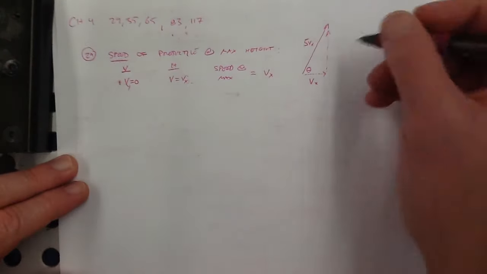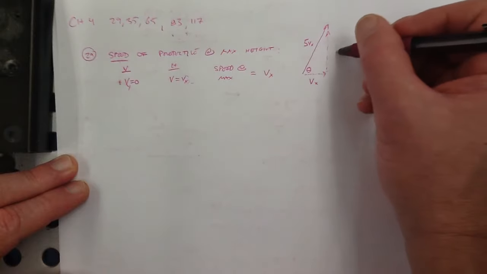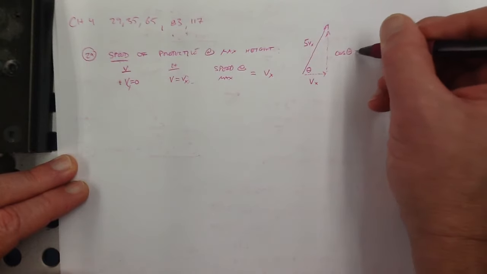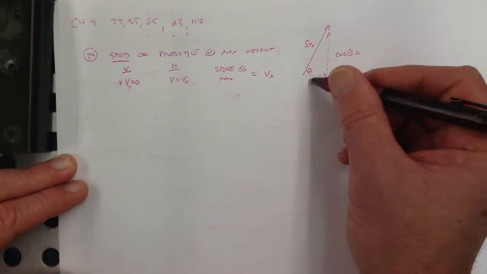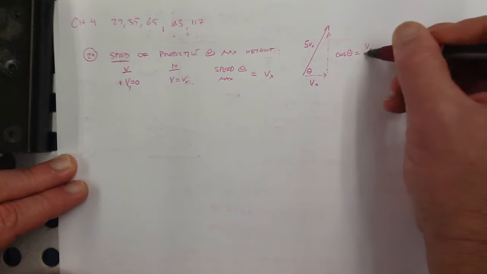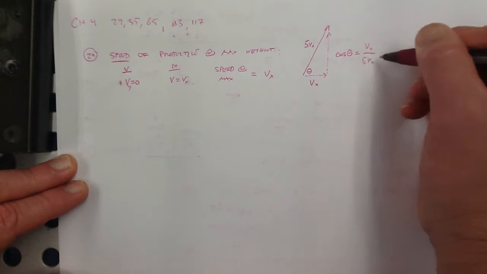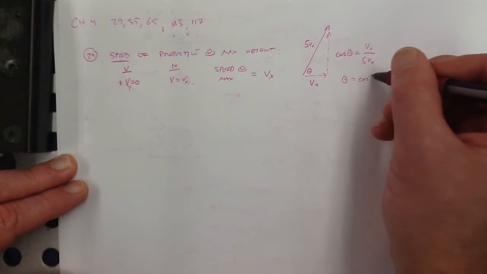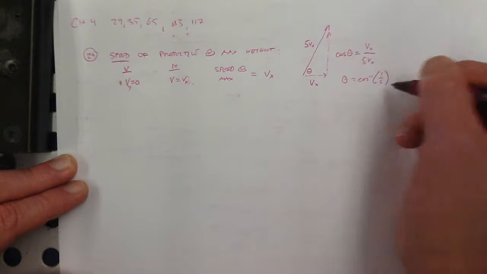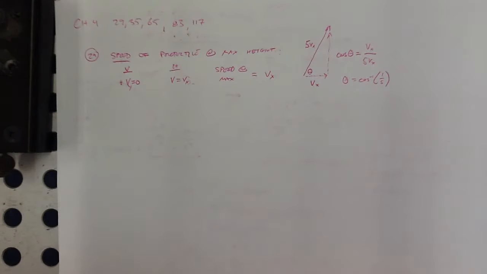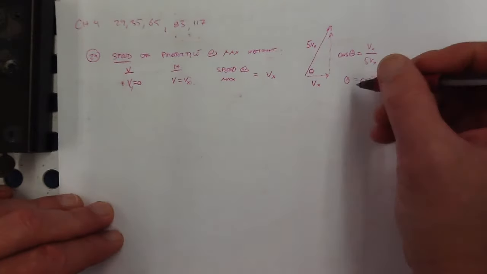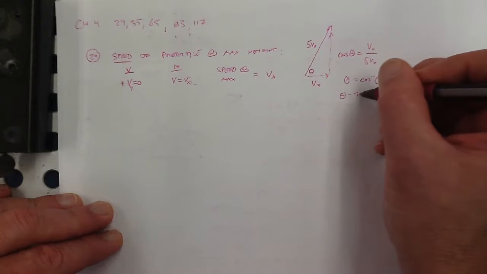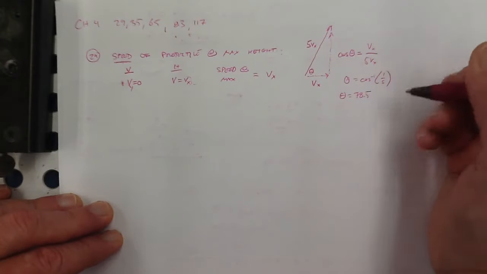Because this is adjacent to that, so you could set up cosine theta is equal to adjacent over hypotenuse, and those cancel, so we're just looking for theta is the cosine inverse of 1/5. That's a cute little problem, I think. That's about 78.5 degrees.